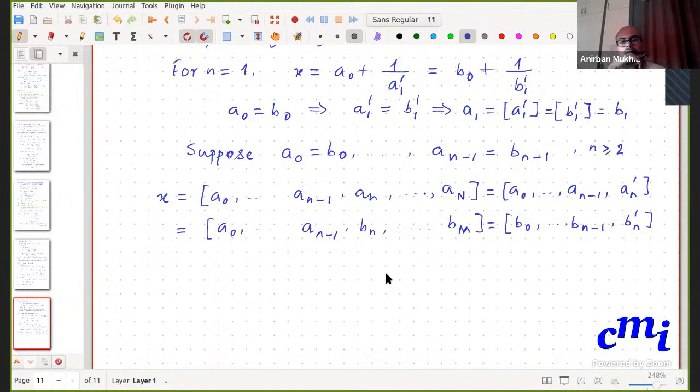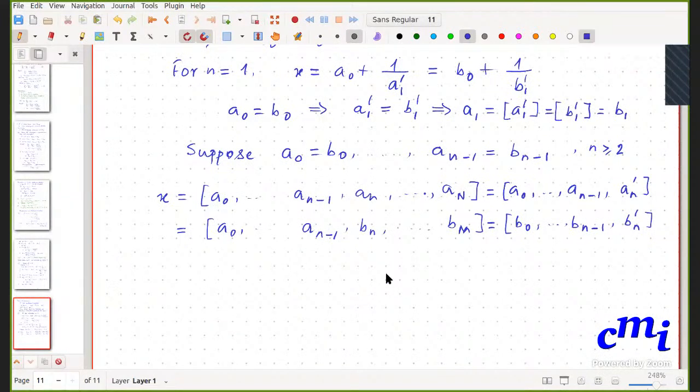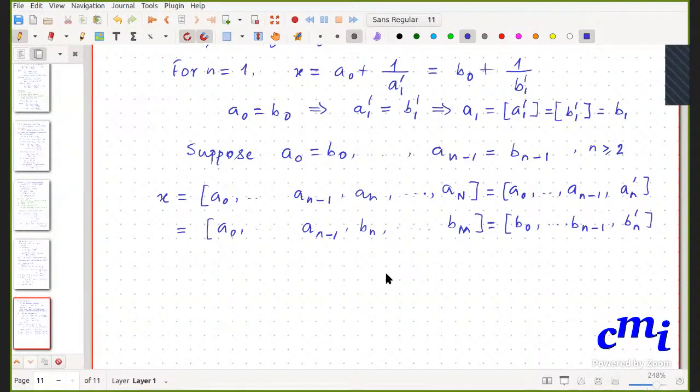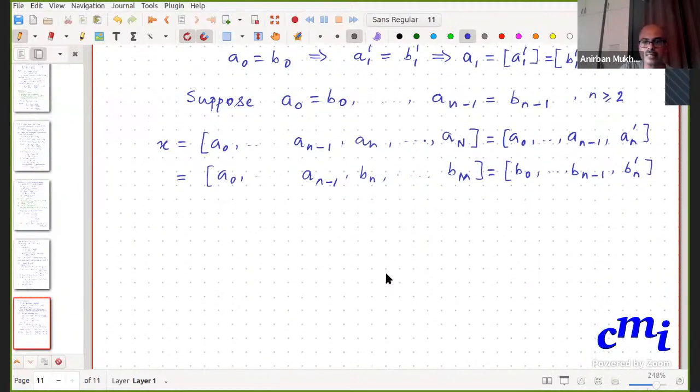So we have shown this equality of partial quotients for n equal to 0 and n equal to 1. Therefore, we can make this induction hypothesis for n greater than or equal to 2. That is required because we now want to write x in the square.